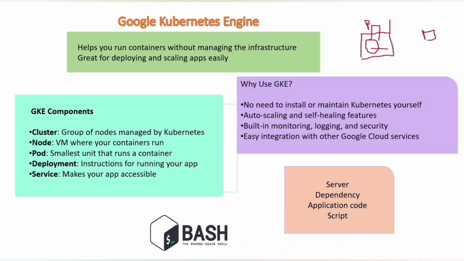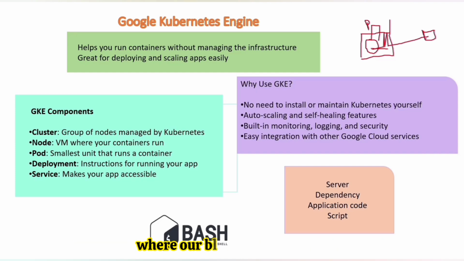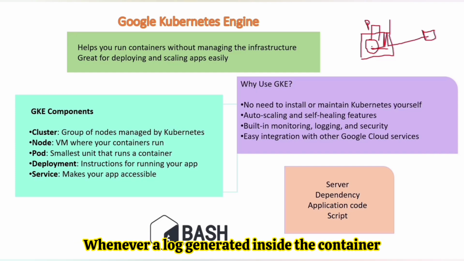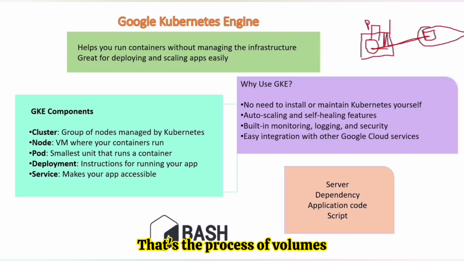We will map that drive path to the container path where our logs are generated. Whenever a log is generated inside the container, it will direct a copy of the log to the drive. So once this container goes down, the logs will be inside the drive, which we can take as a backup. That's the process of volumes.